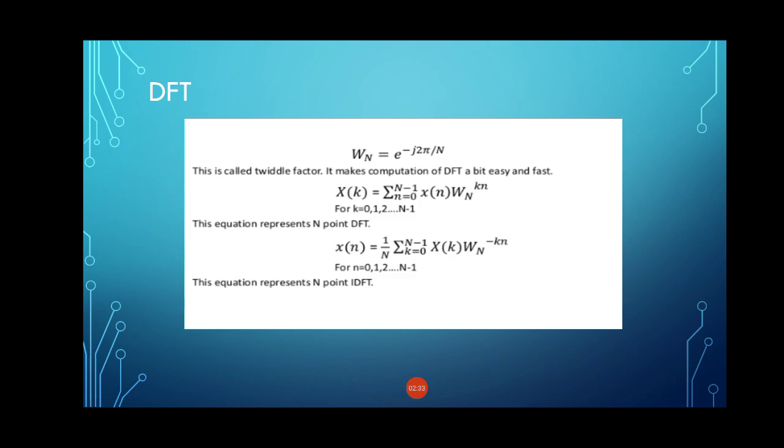Now, if we go back to DTFT and put the limits as 0 to N minus 1, and expand the equation, what we get is x of 0 plus x of 1 e to the power minus j omega plus x of 2 e to the power minus 2j omega plus x of 3 e to the power minus 3j omega.